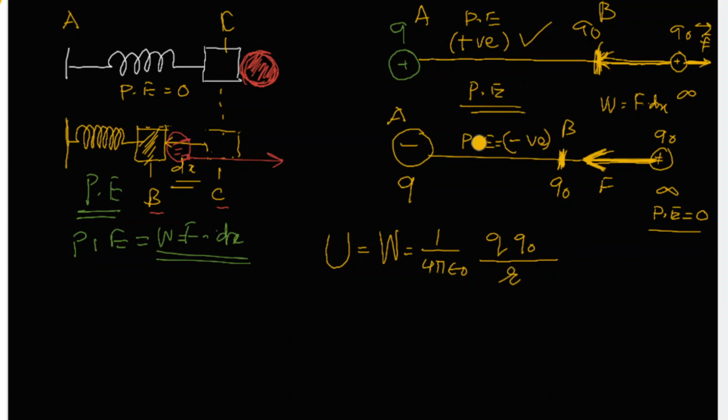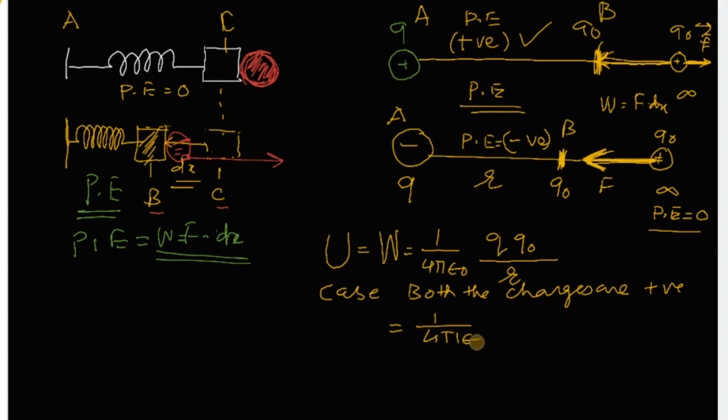In the first case, if both charges are positive, then q is positive and q0 is also positive, so the whole thing is positive.